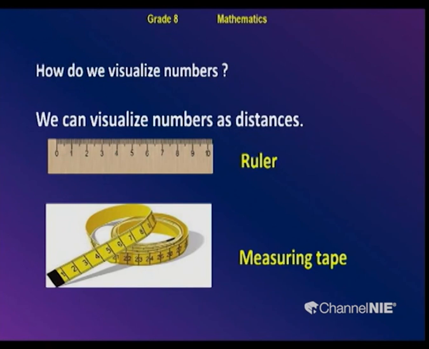These numbers lie on a line. So we can say that is a number line. Look at the measuring tape. On the measuring tape also, there are so many numbers, in equal intervals. The gap is equal. Those numbers also lie on a line. So those are number lines. Okay children, now move on to the next slide.